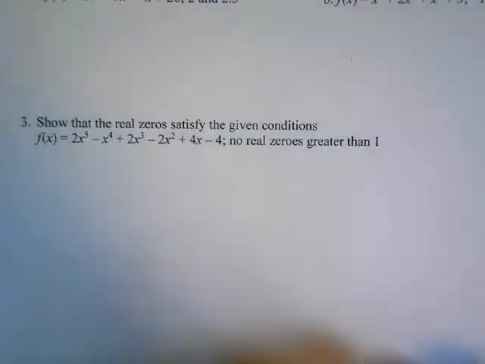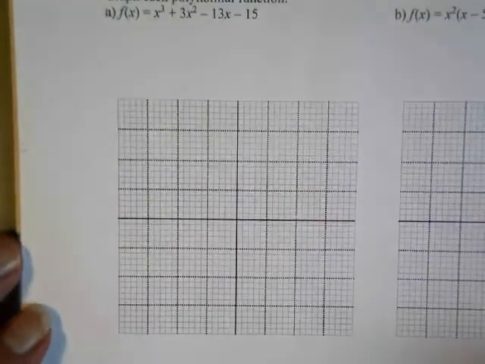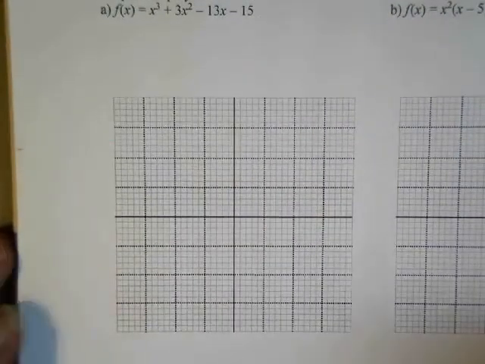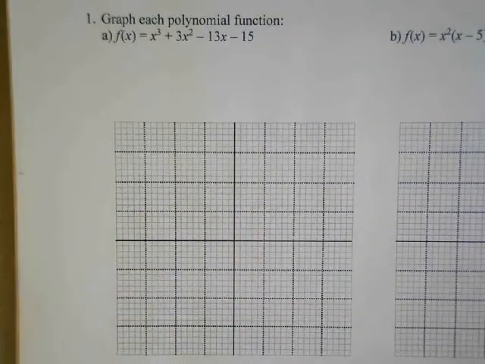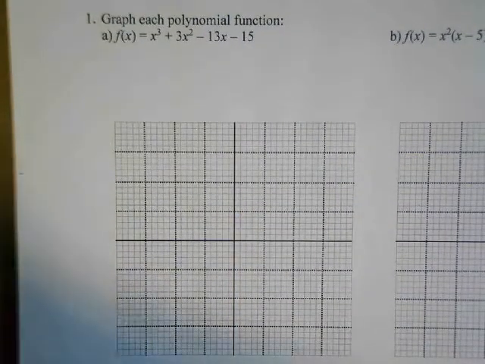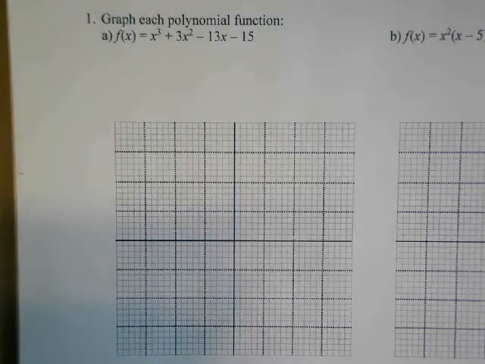All right, so what we want to do now is a couple of graphs. And first we're going to start off with graph this polynomial. So this is a cubic, x cubed plus 3x squared minus 13x minus 15.